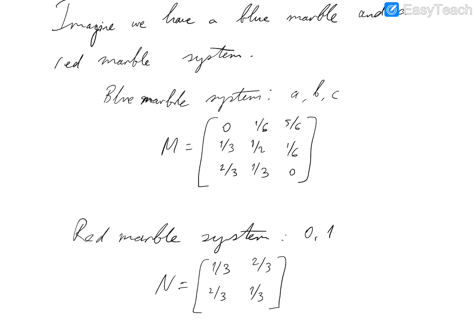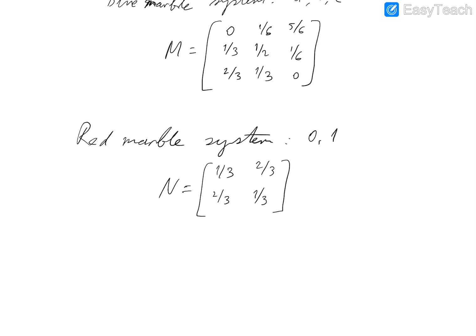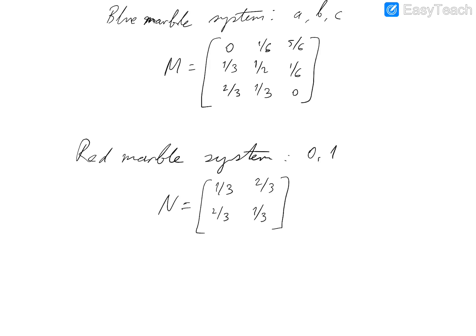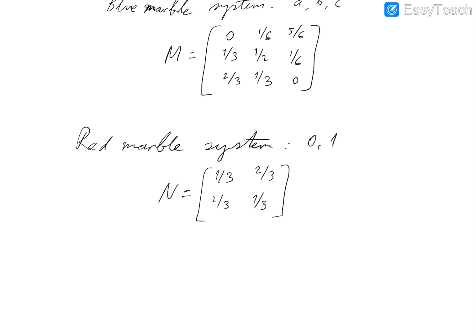Okay, so then what about the dynamics of the compound system? Suppose we want to combine these two systems, the red marble and blue marble system. So let's take the tensor product of the blue marble system and the red marble system.